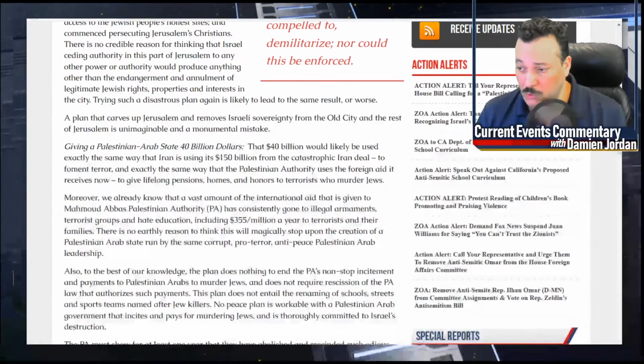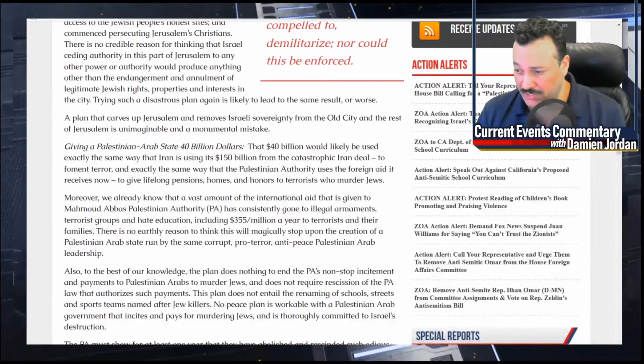There is no credible reason for thinking that Israel ceding authority in this part of Jerusalem to any other power or authority would produce anything other than the endangerment and annulment of legitimate Jewish rights, properties, and interests in the city.